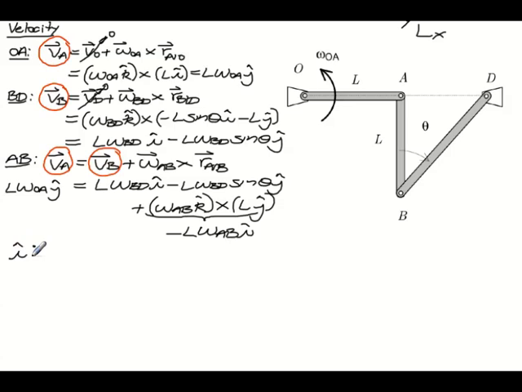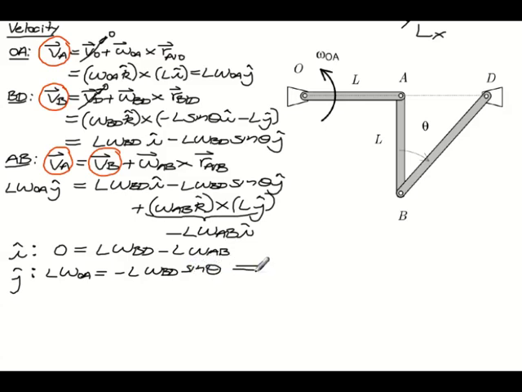The i components: nothing on the left-hand side; on the right we have L omega BD and minus L omega AB. The j components: on the left, we have the known omega OA times L. On the right-hand side, we have minus L omega BD times sine theta.